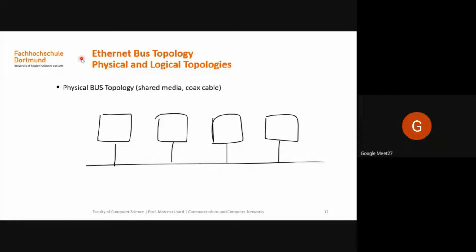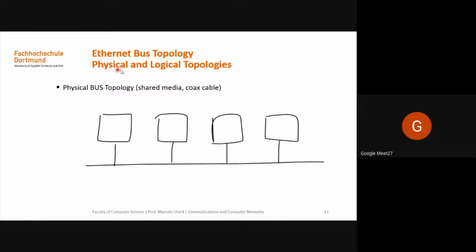Well, in order to better understand the concepts involved in the Ethernet technologies, we must talk about the topologies. There are two topologies, one at the physical layer, another one at the logical layer or data link layer.